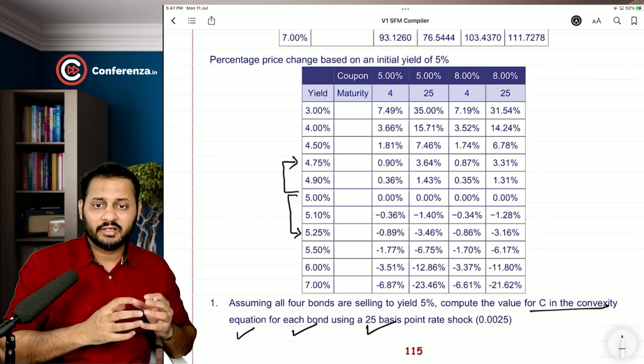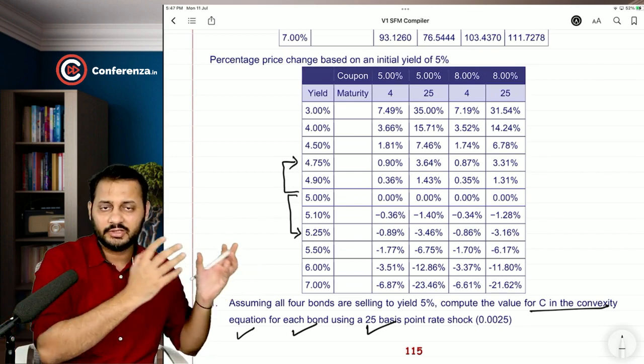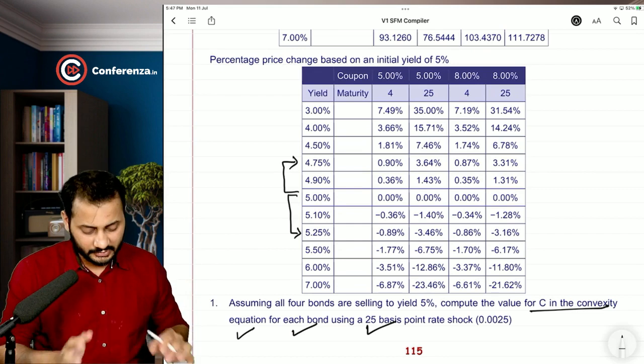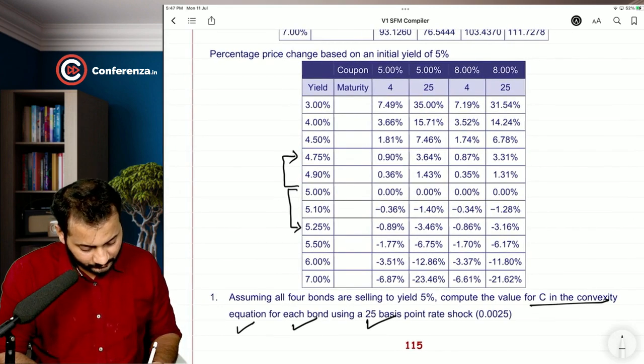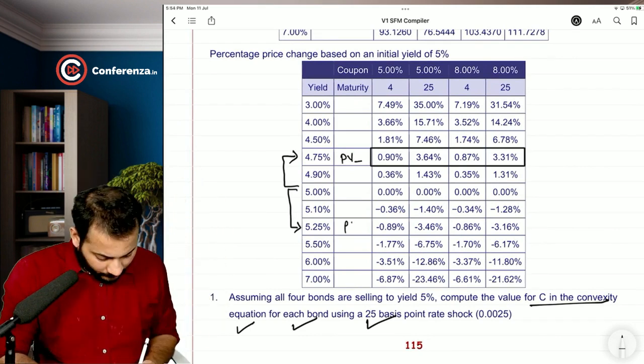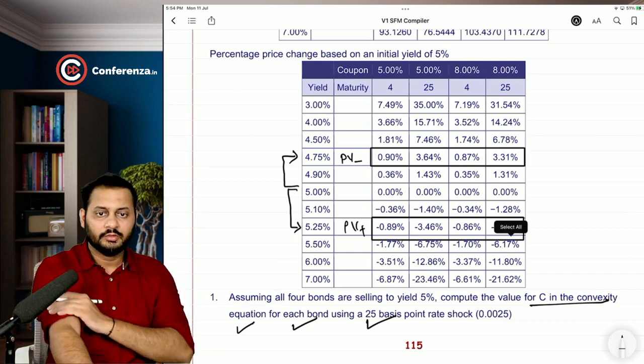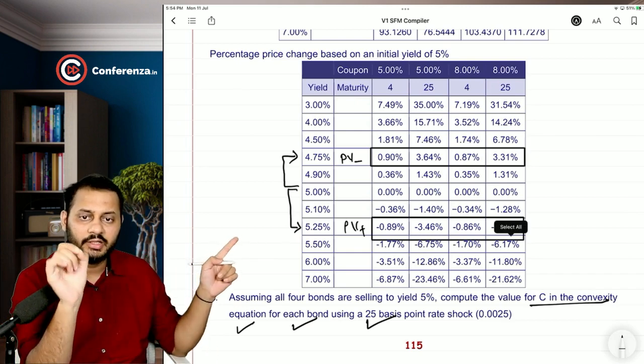This means that we are giving it a shock by increasing 0.25% and by decreasing 0.25%. These figures will help us calculate PV minus, because the YTM is decreasing. These figures will help us calculate PV plus, because the YTM is increasing.